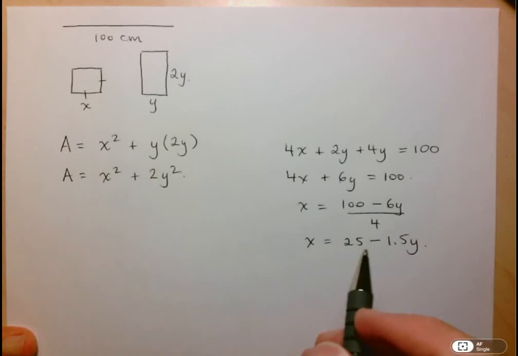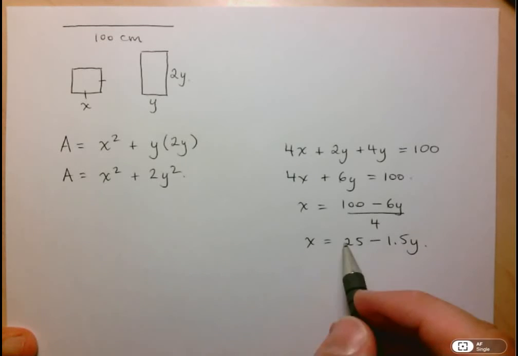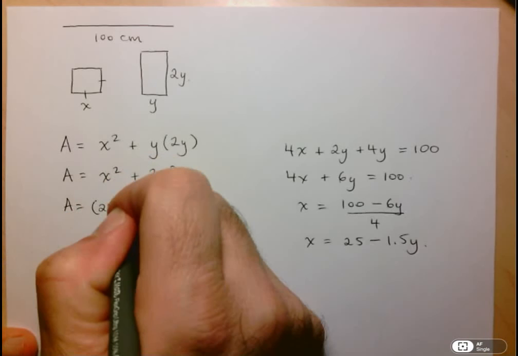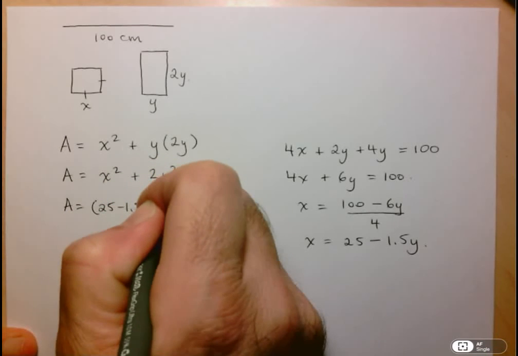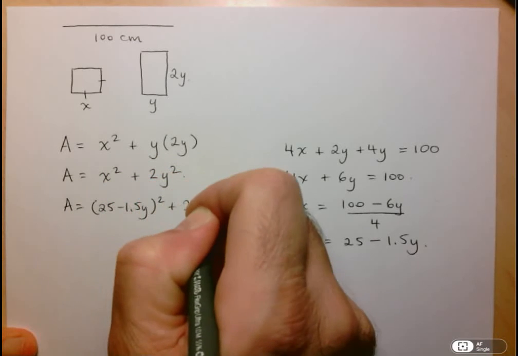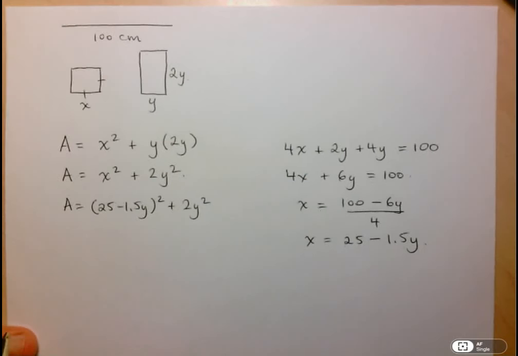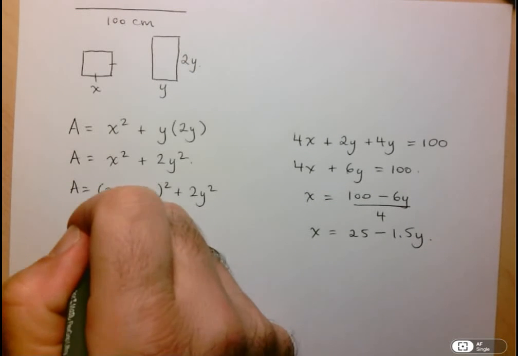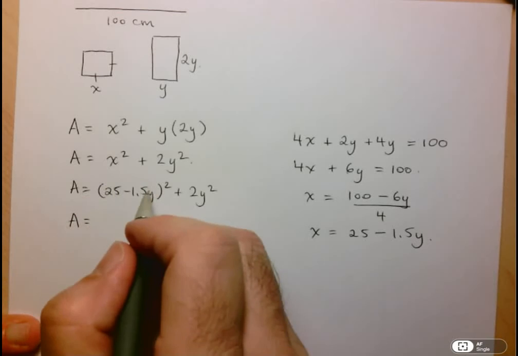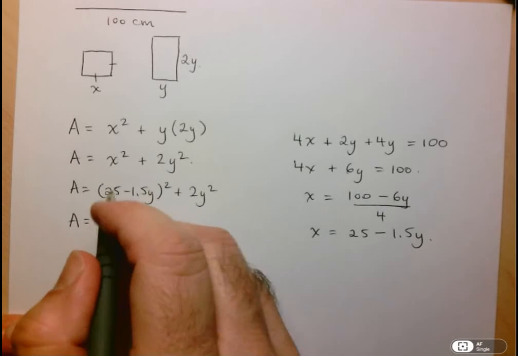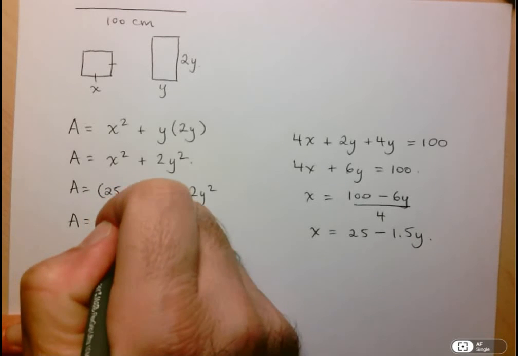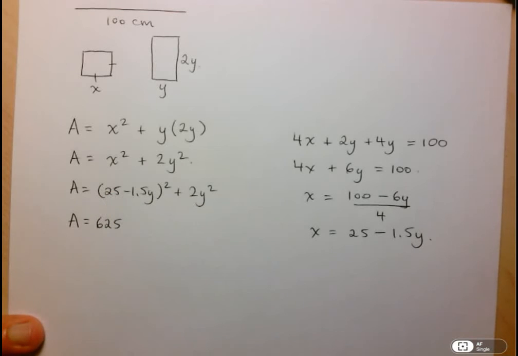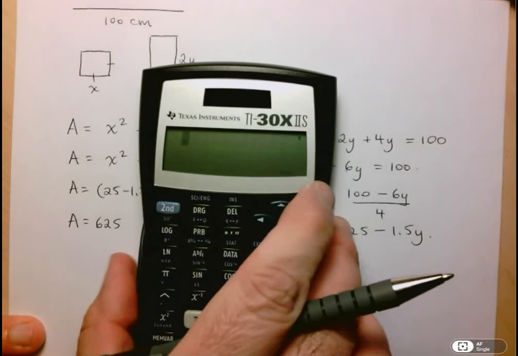Now we'll substitute this variable x for that expression. So the area now is given by 25 minus 1.5y all squared plus 2y squared. Now let's expand this and simplify to get it into standard form. We have to square this binomial, so it's the square of the first, so 625. And 2 times the first and last, so 25 times 1.5 should be 37.5.